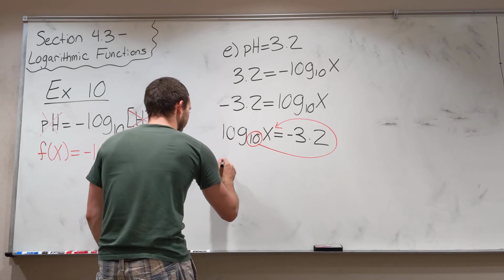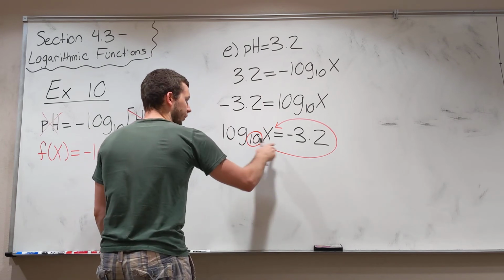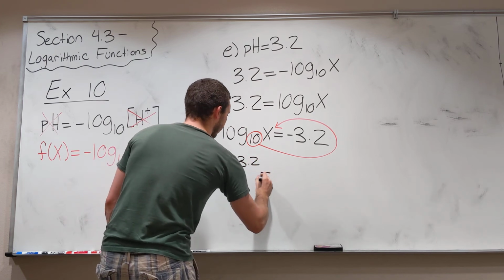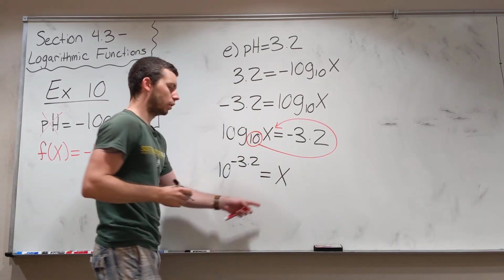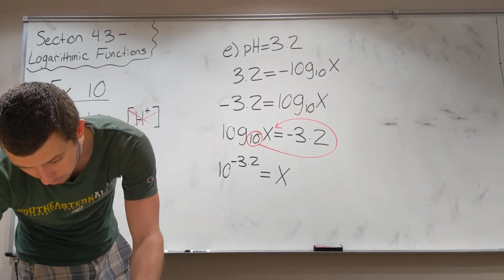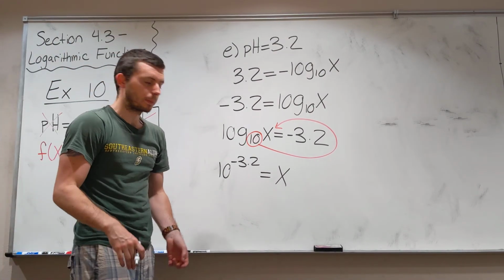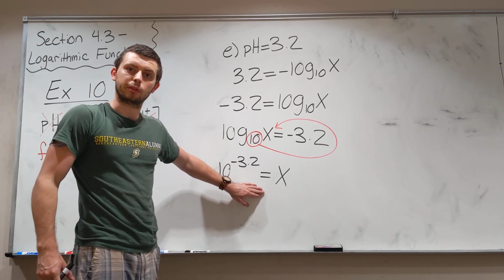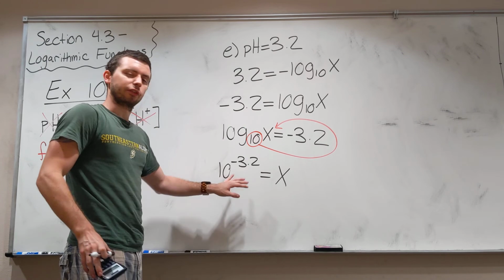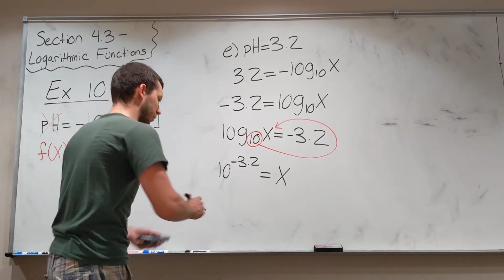It says now we have 10 raised to the -3.2. That's all equal to X. Well, look at that. We have X by itself now. And the problem wants us to approximate this to 6 decimal places. So it doesn't want an exact answer, it wants a decimal approximation.